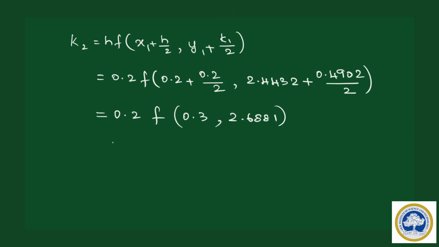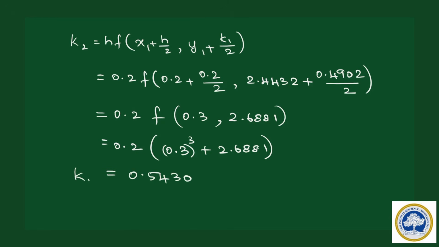So this is 0.2 into 0.3 cube, that is x cube plus y, right? So after calculation this is 0.5430 and this is K2.